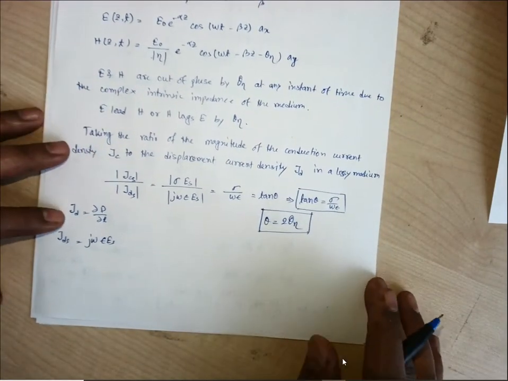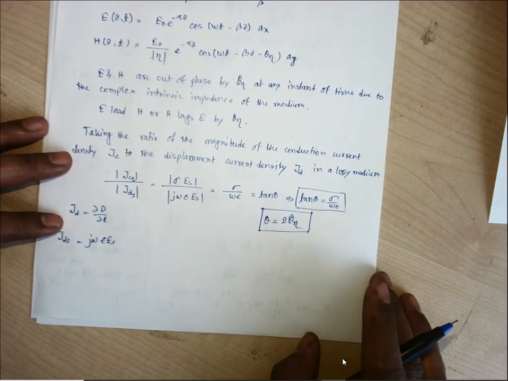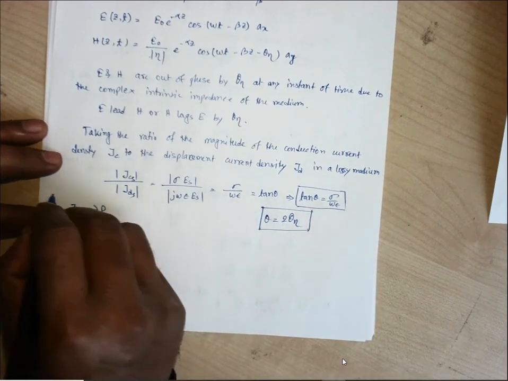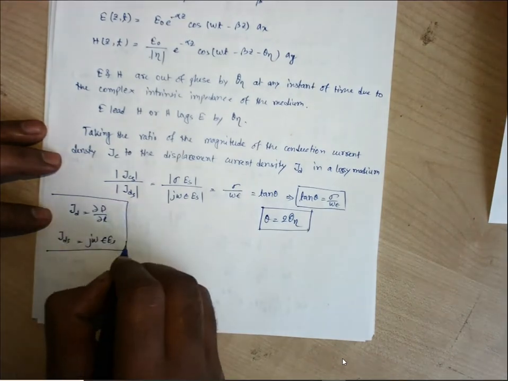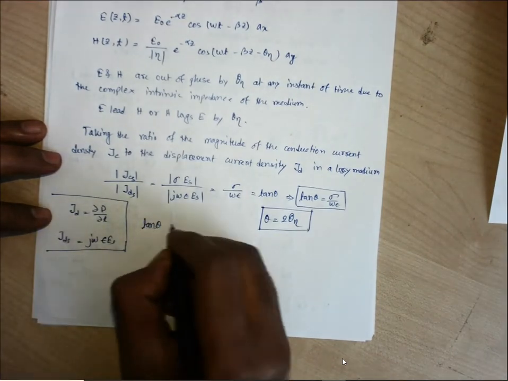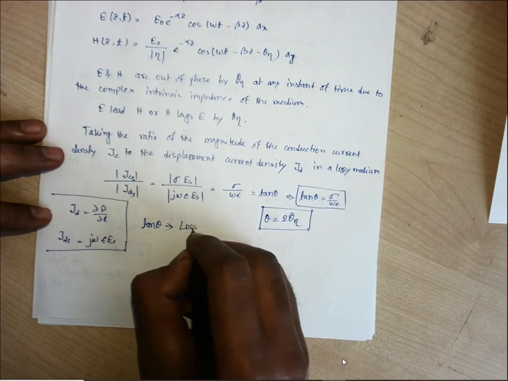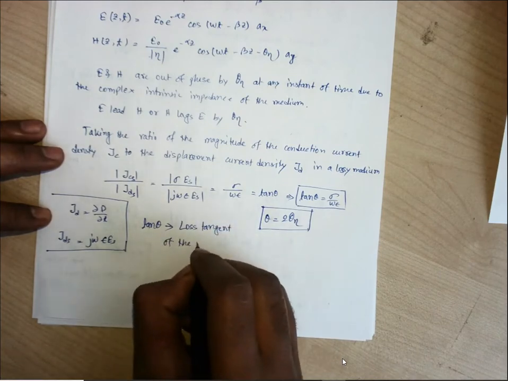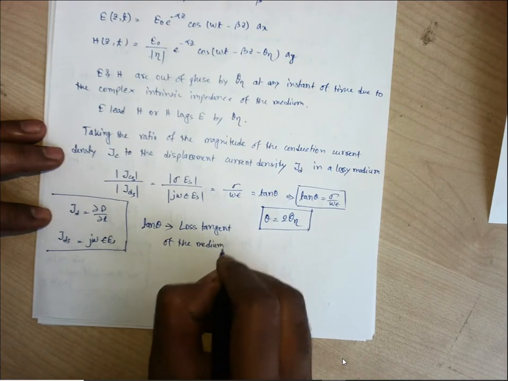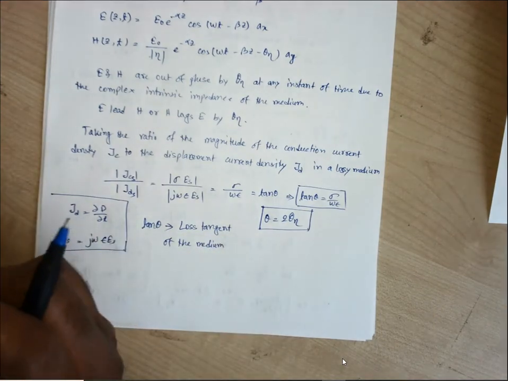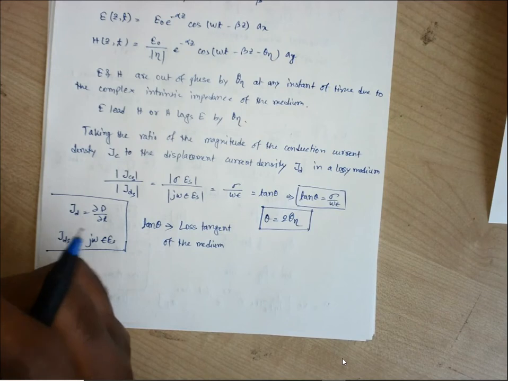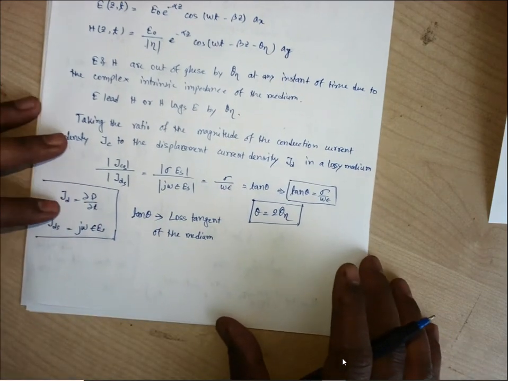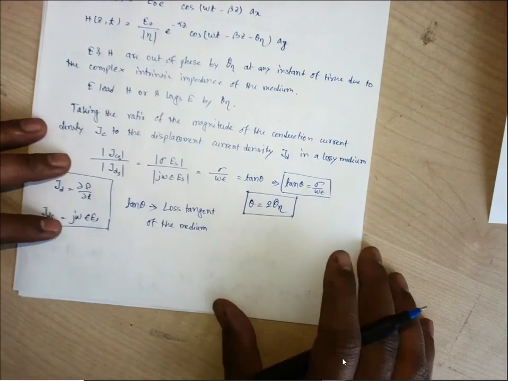So this tan theta is a very important parameter of the medium, known as the loss tangent. Tan theta is called the loss tangent of the medium. Whenever any particular medium is specified, we need to mention its loss tangent, its theta value.